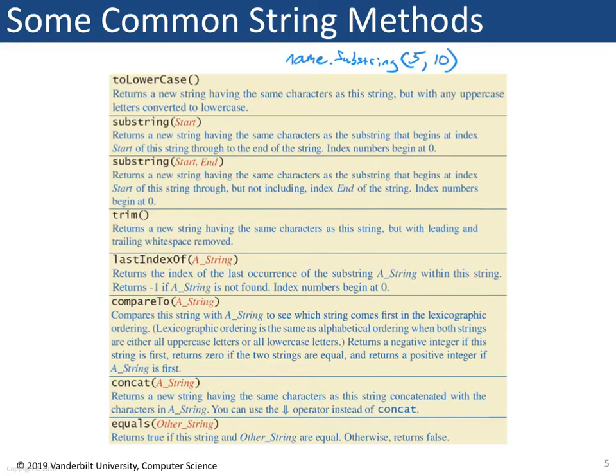So therefore, we potentially may have tried to access something that didn't exist, in which case our compiler would throw an error, or we would have a runtime error, just depending on if it was hard coded or if it was variable and happened while we were running. So a way to check that is to verify that the last index of the string is greater than the index we intend to access.